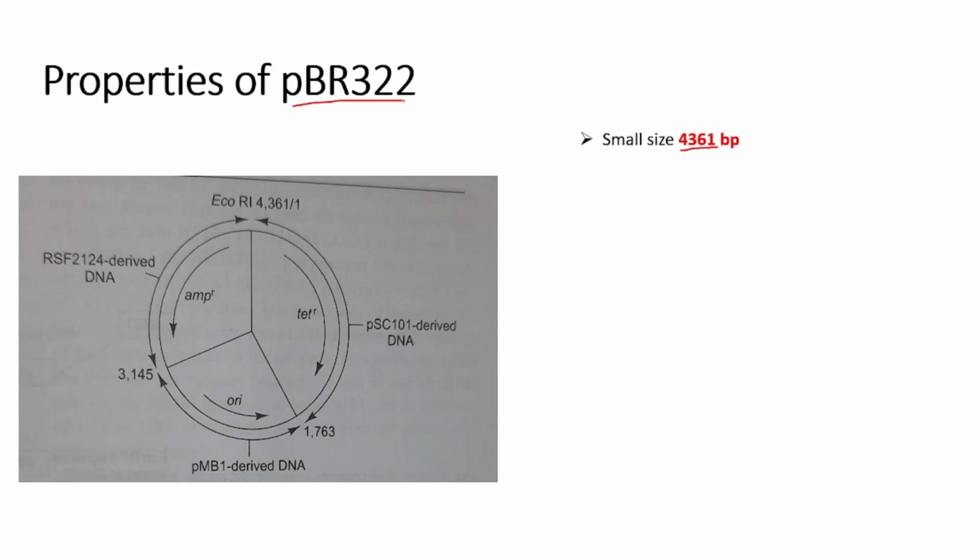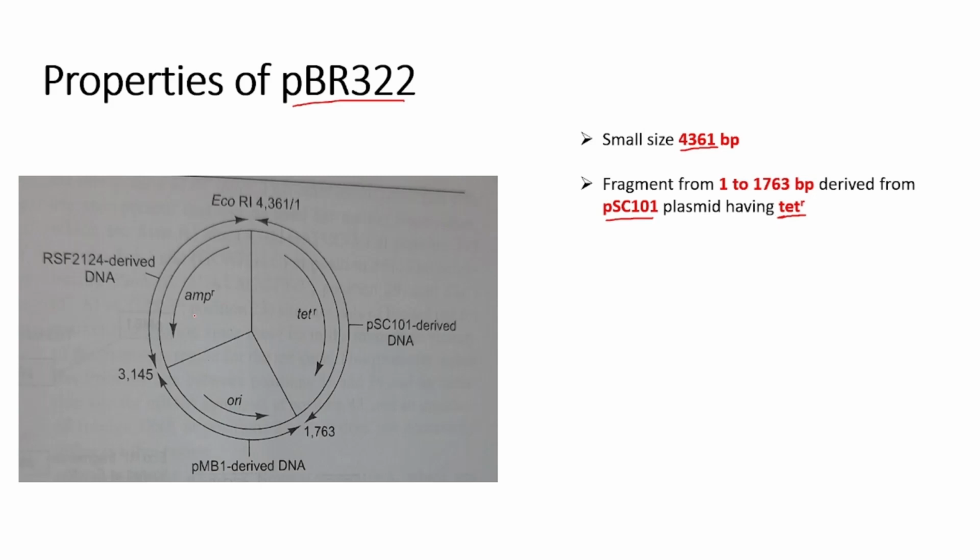Okay, we will find out now what the three different plasmids are. Out of this total length of 4361 base pair, the first fragment, up to 1763 base pair, is made up from the plasmid pSC101, which has the tetracycline resistance gene, or tetR gene.